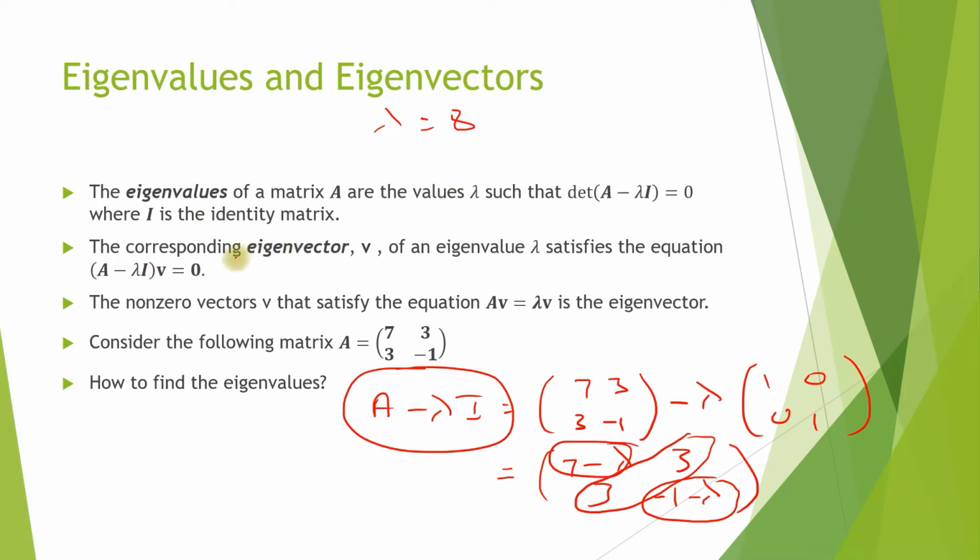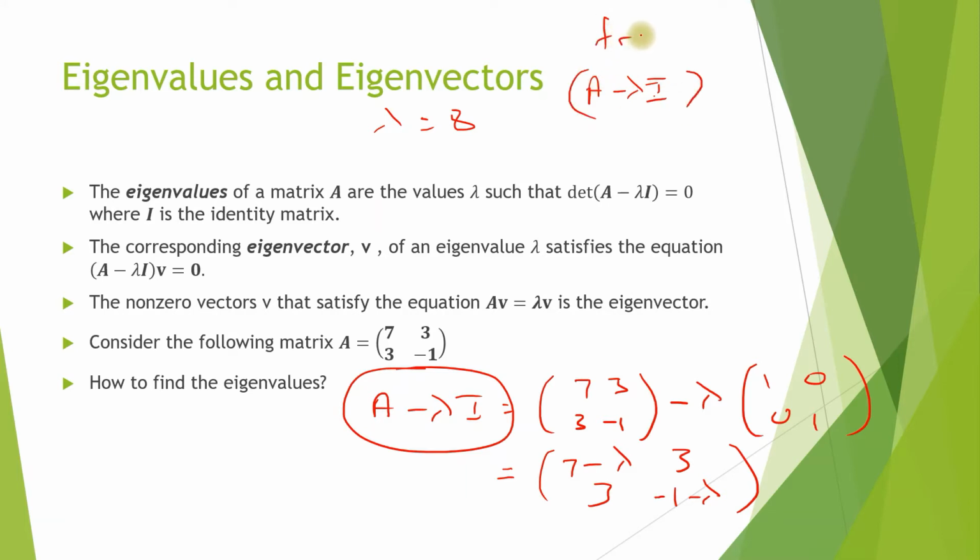For example, you have A minus lambda I, which is already written here, which we got already here. So what we just need to do is to say A minus lambda I for lambda equal to 8, A minus lambda I equal to what? 7 minus 8.